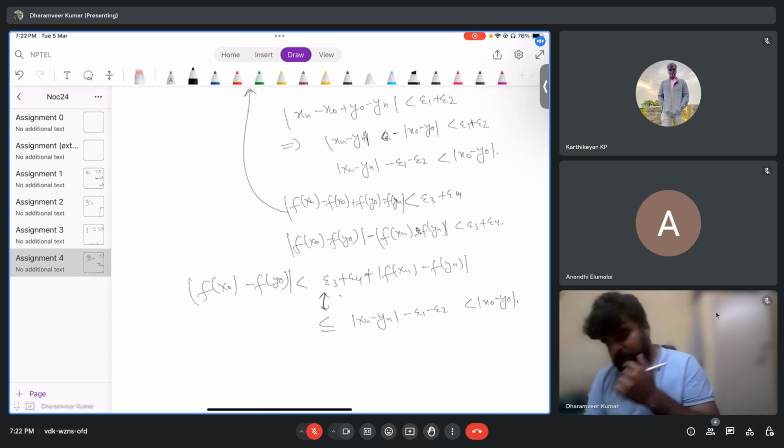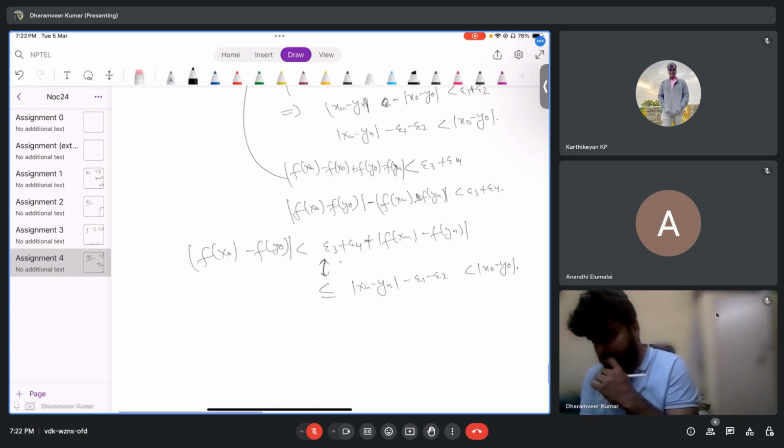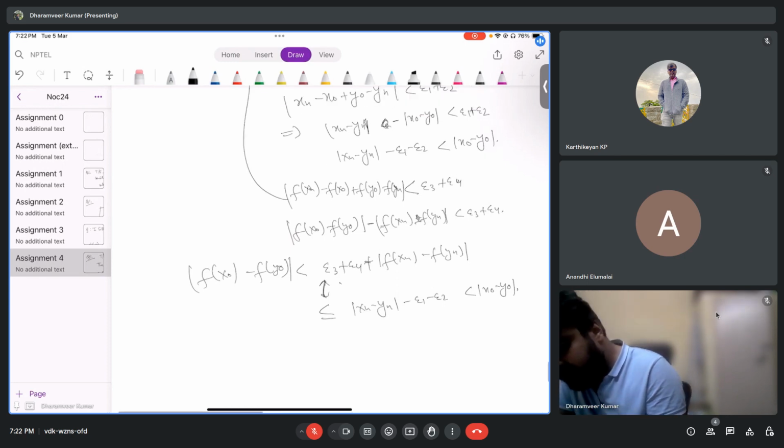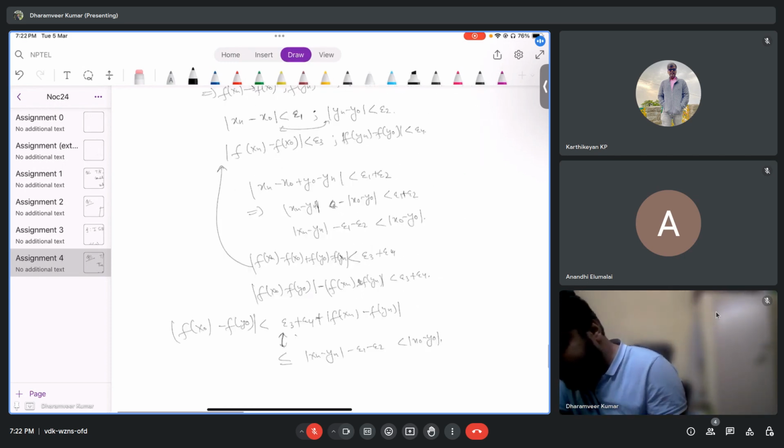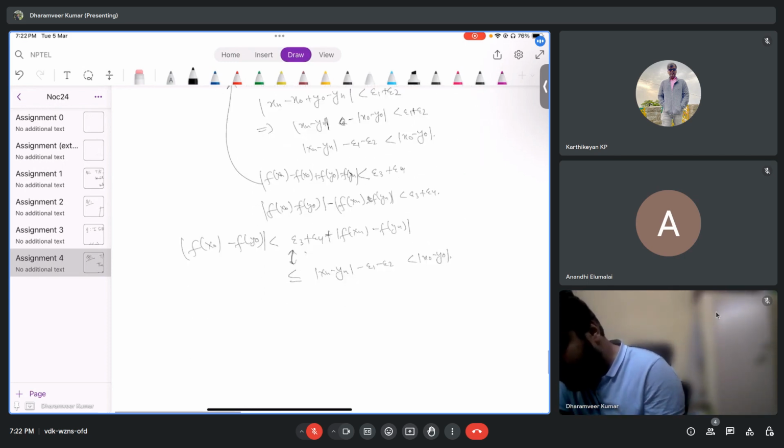Okay, so now from here, if this is clear, from here what we can show is we can choose this appropriately and then we can show this to be true.